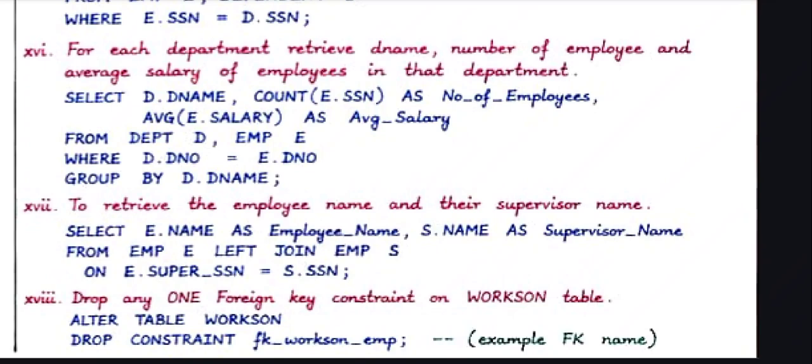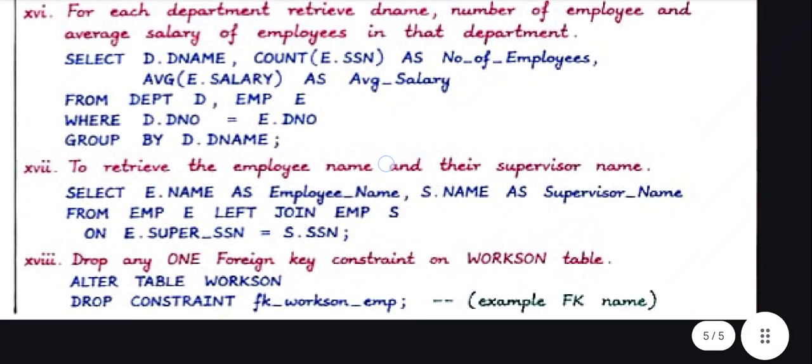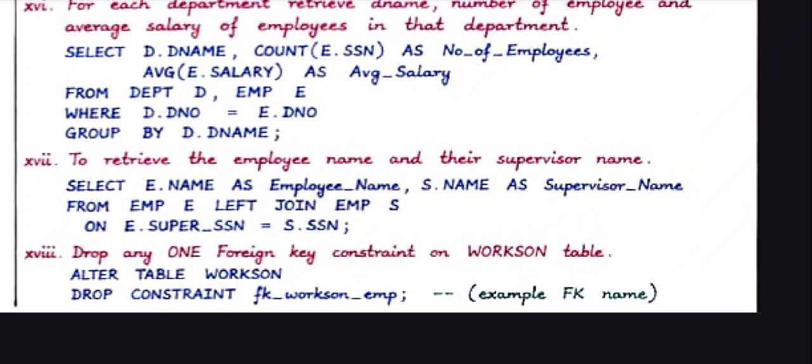To retrieve the employees' names and their supervisor names, select e.name as employee name, s.name as supervisor name from EMP E left join EMP S on e.super SSN equals s.SSN.